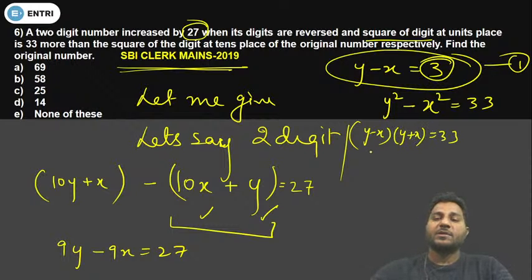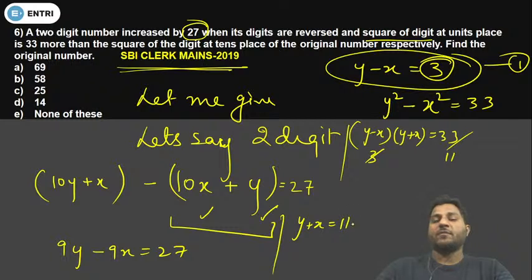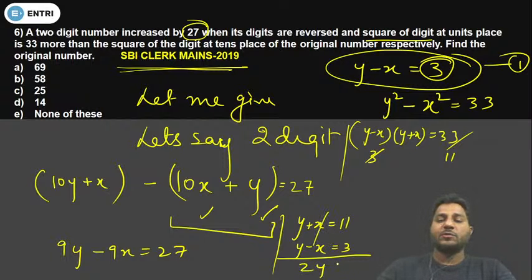This value equals 3, that means y plus x would be equal to 11. Now we have two equations, y plus x and y minus x. Now what would we do? We will use the elimination method. That means 2y equals 14. So y equals 7. If y equals 7, that means x equals 4.